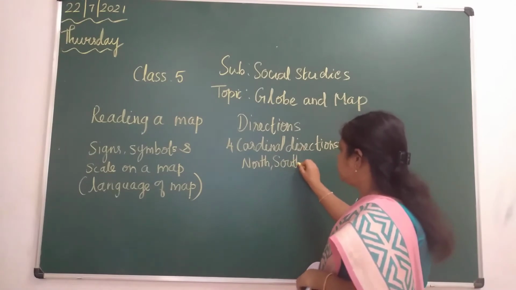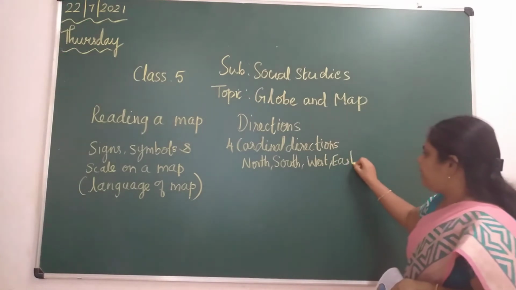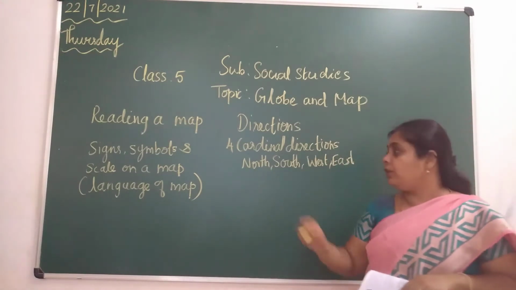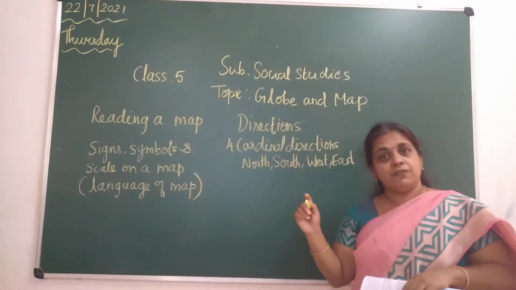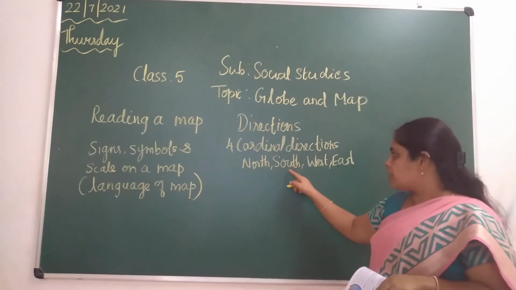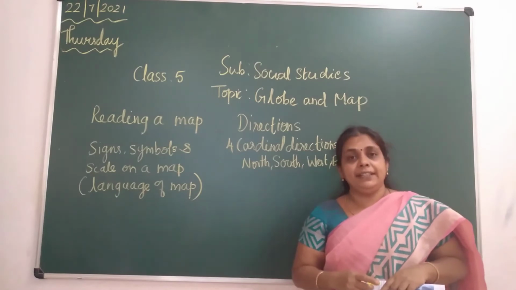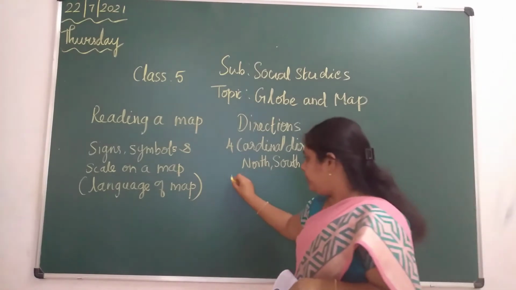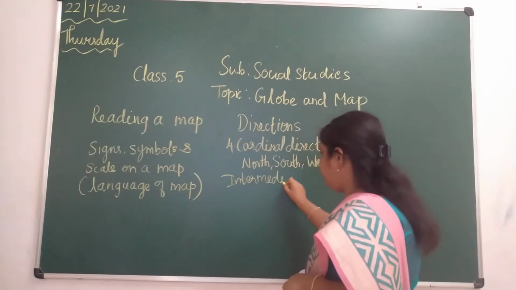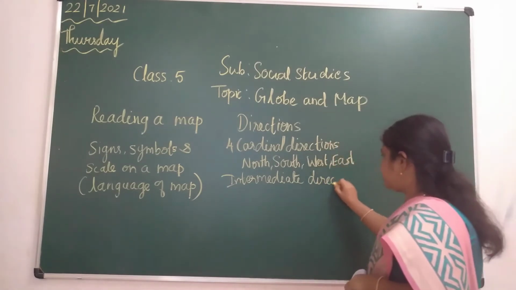They are north, south, west and east. They are the four cardinal directions. In 4th standard also you could have learned this, children. So north, south, west, east, and then some intermediary directions, children. Inter or intermediate you can say, in between. I will show you intermediate directions.